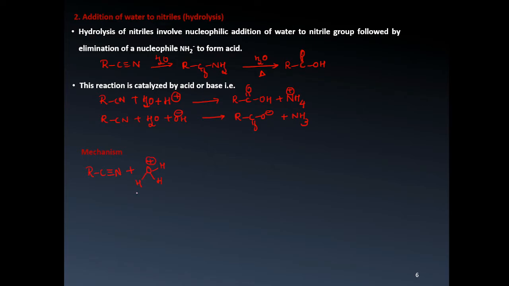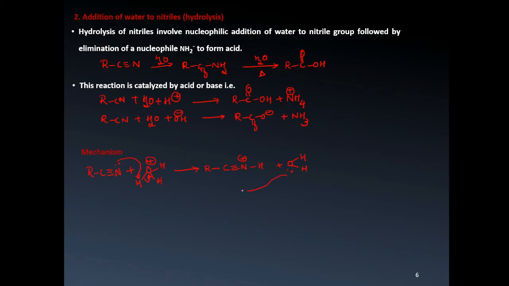Here oxygen carries positive charge. The lone pair of nitrogen will abstract this proton and neutralize the positive charge on oxygen. So RC triple bond N, here H, here nitrogen carries positive charge, plus water.